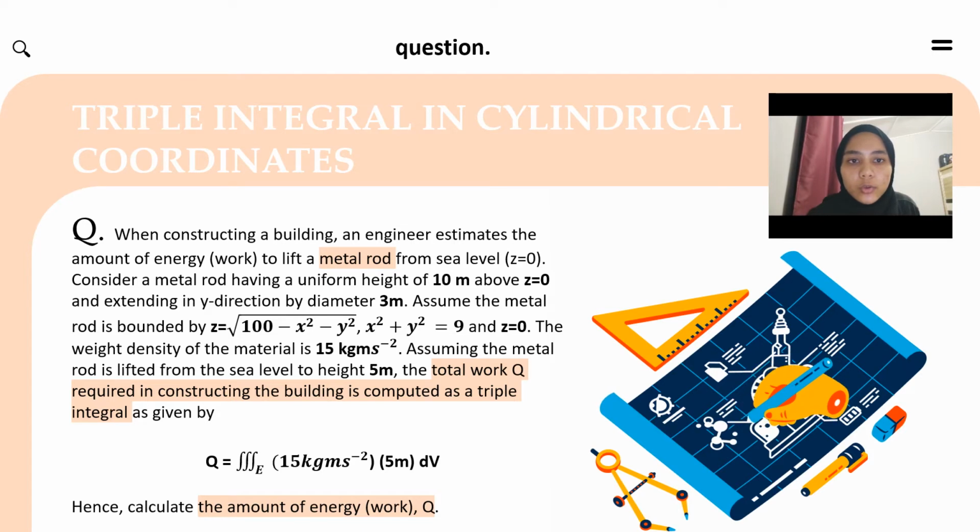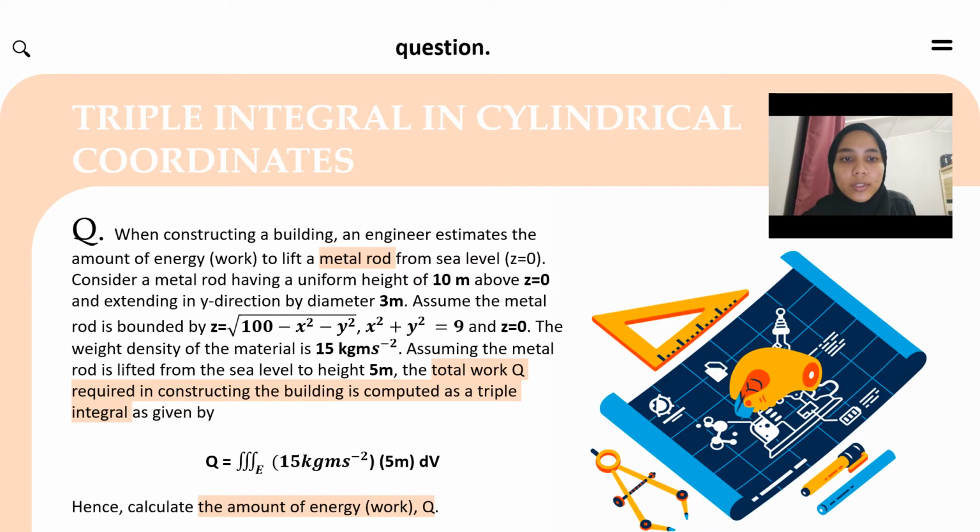The question is, when constructing a building, an engineer estimates the amount of energy, which is work, to lift a metal rod from sea level, which is z equals 0. Consider a metal rod having a uniform height of 10 meters above z equals 0 and extending in the y direction with diameter 3 meters.